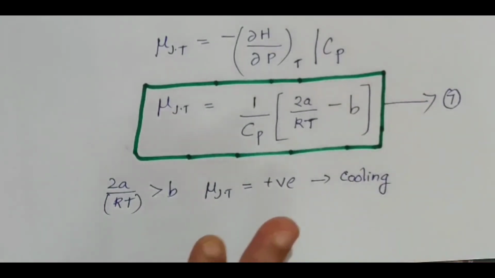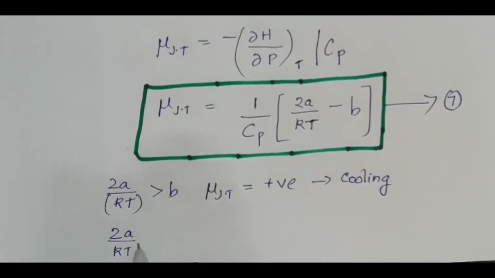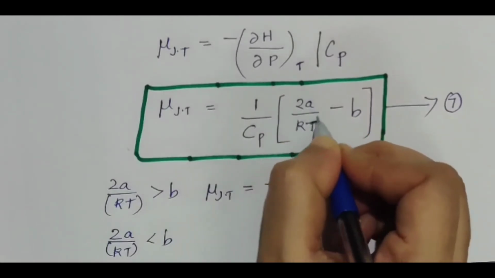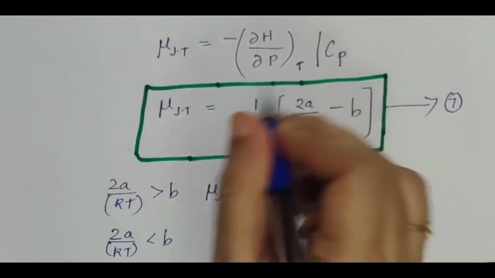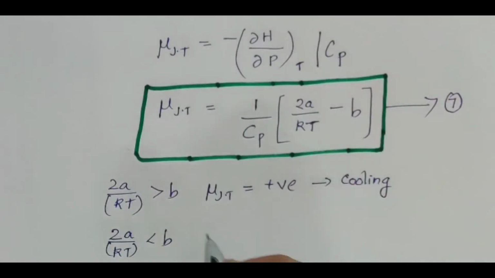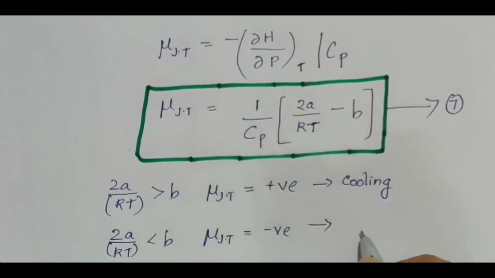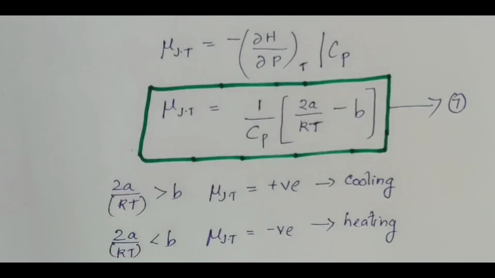When 2A by RT is less than B, this overall term becomes a negative quantity, that is, μJT is negative. Then we have a heating effect. When μJT is negative, we have heating.